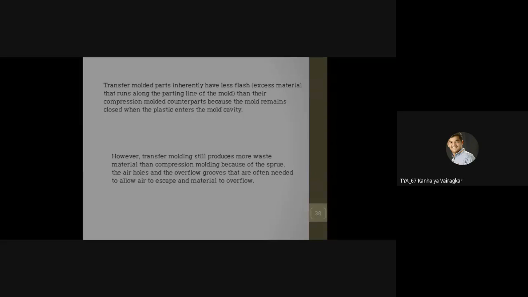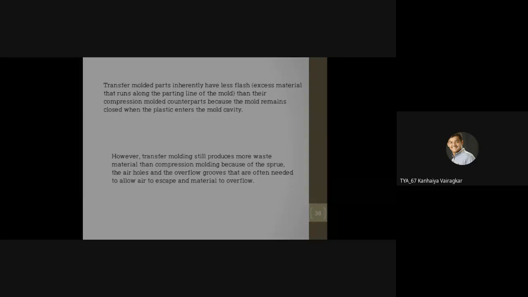So what happens, the transfer molded parts inherently have less flash, obviously. In compression molding, there is a case of parting line. In the landing part, you have seen that the excess material flows over the land area, and that was creating the extra feature that is called flash. But that flash will not be here. Simply when material is transferred from the sprue, it will directly go to the cavity.